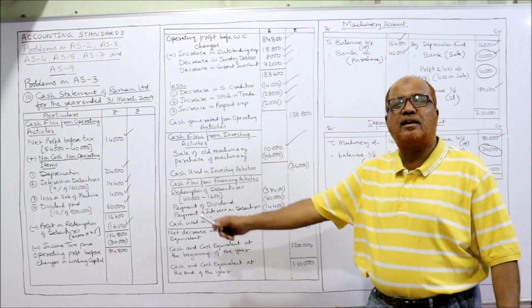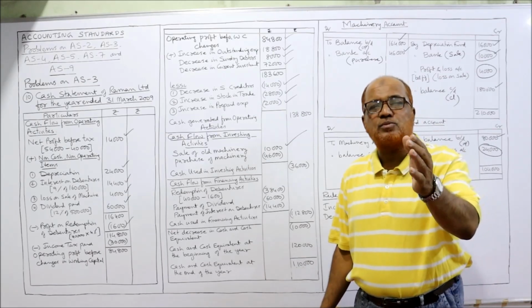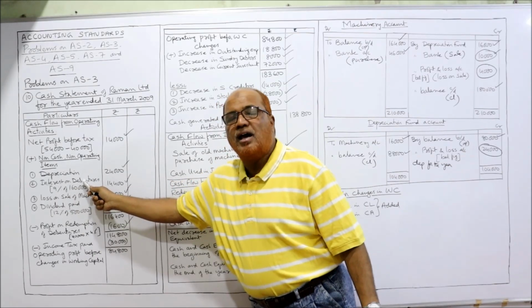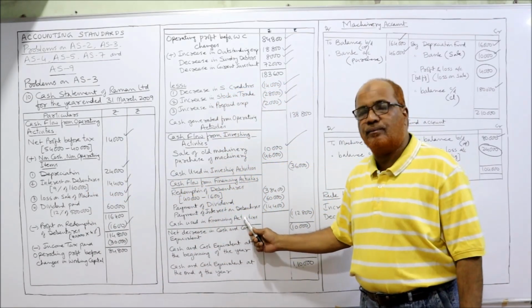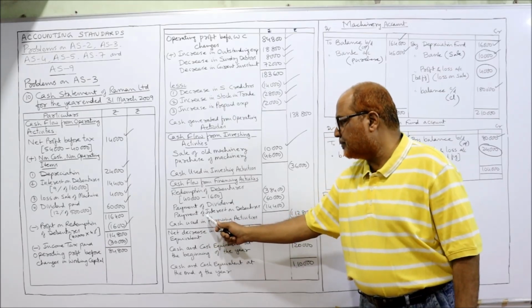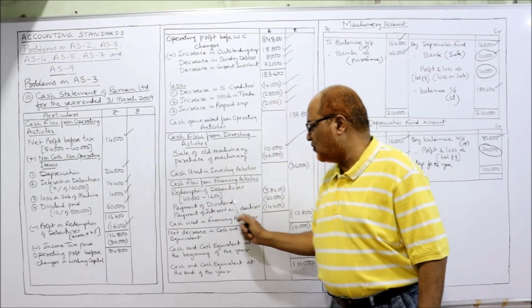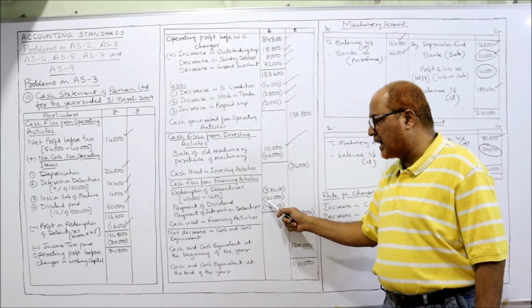Just now I told you interest on debenture is a financing expense. The financing expense will be added back. Here, interest on debenture should be shown in financing activity. So payment of interest on debenture 14,400. All these are payments. That's why all are in bracket.